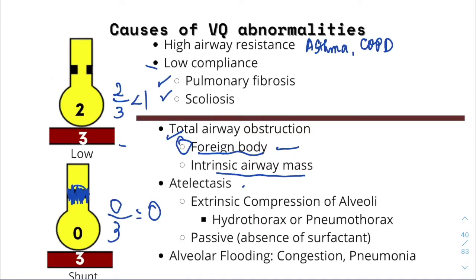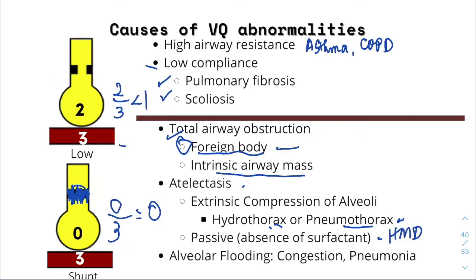Atelectasis can compress your alveoli, like in conditions such as hydrothorax, fluid inside the thorax, or pneumothorax, air inside your pleural space. Passive atelectasis is seen in the absence of surfactant, like in hyaline membrane disease.